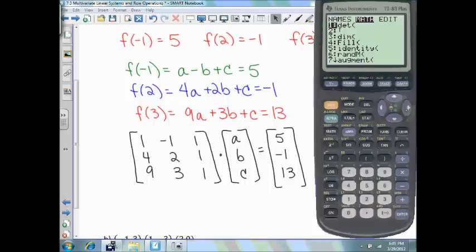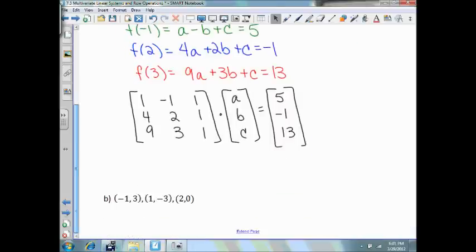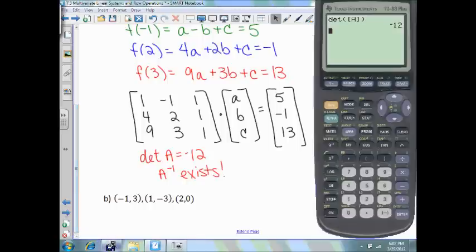Let's find the determinant of matrix A. Determinant is -12, so A inverse exists. So again, let's find A inverse times B. That'll be 4, -6, -5.